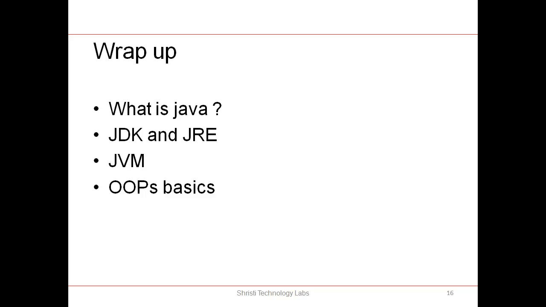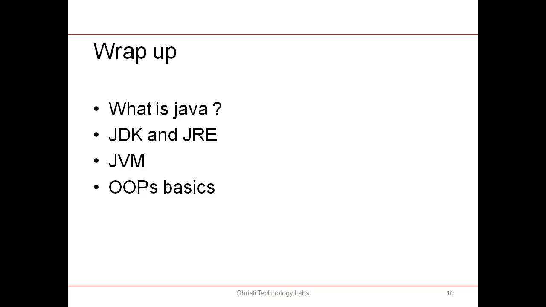JVM is nothing but Java Virtual Machine, which converts the class file into machine code. Here, Java is platform independent, JVM is platform dependent. That is why we are calling Java write once, run anywhere. You write the source code once and you can run the Java program anywhere, provided you have installed JVM in your machine. Then we moved on to OOPS basics.